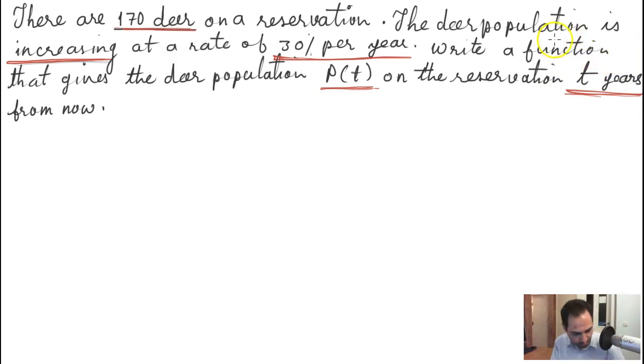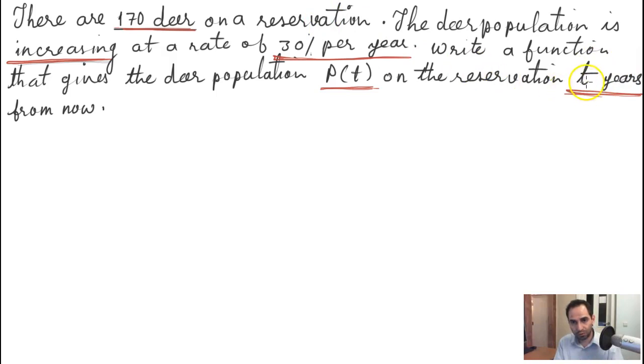This is important because we have other examples in which, for example, the population is increasing at the rate of 30% per year, and the same thing, but here t is in weeks, or t is in 5 years, or t is in 10 years, or t is in 3.5 years.